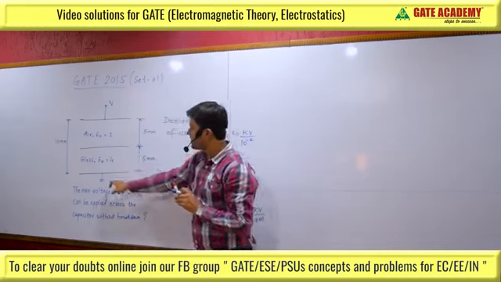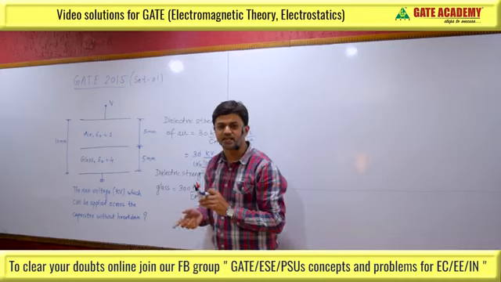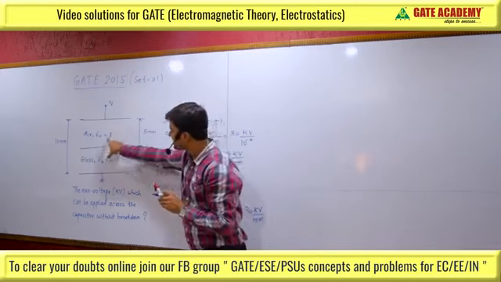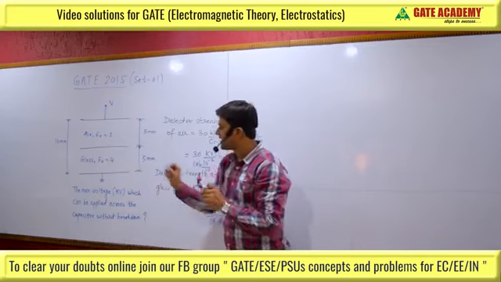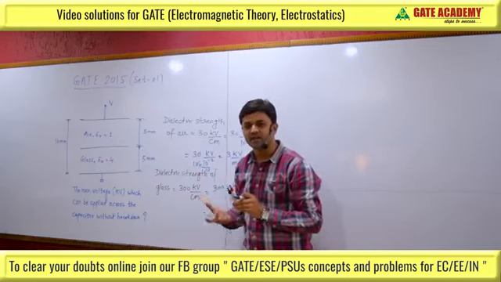So the same current will flow through the circuit, and this happens in a series circuit. So here the capacitors are connected in series because there are two different dielectrics, so there will be different capacitances.